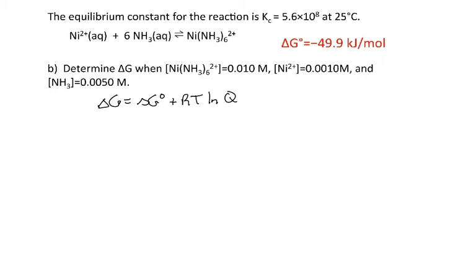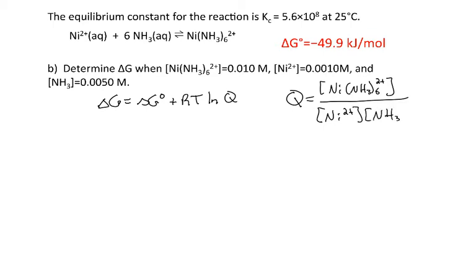So all I need to do is calculate Q. Q is going to be the concentration of the nickel ammonia complex over the concentrations of the reactants. And of course NH3 will be to the 6th power because of the coefficient in the balanced chemical reaction.